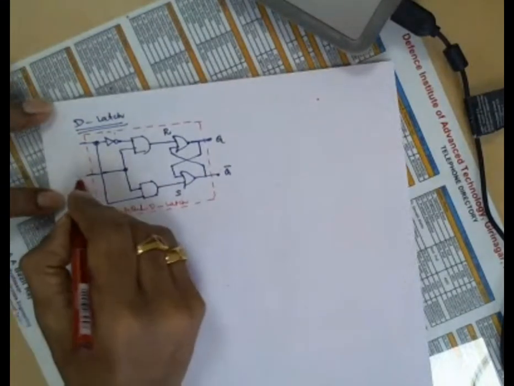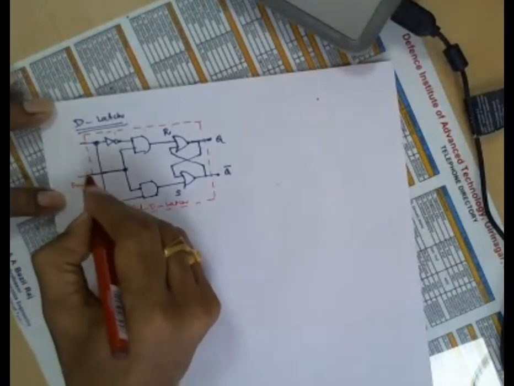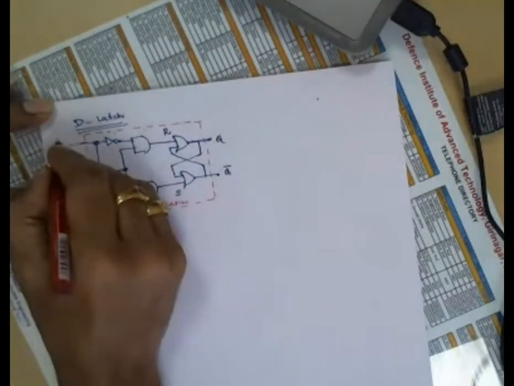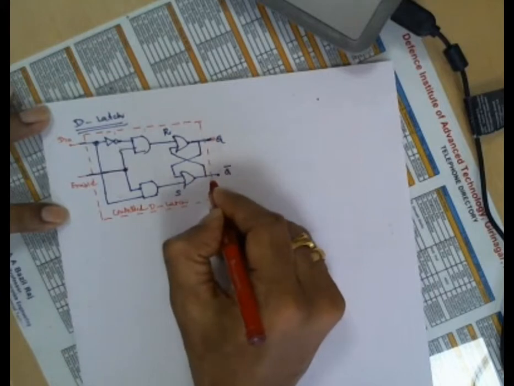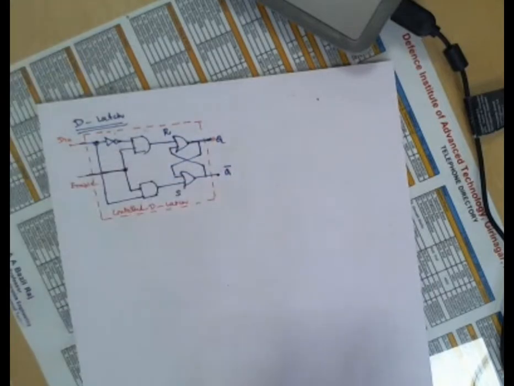Controlled T latch, because there is enable. This is enable, and this is our D in or D, data input, and this is our output now, right? So this box now, this is the controlled D latch. All these circuits are inside. So slightly we changed the wiring, that's all.